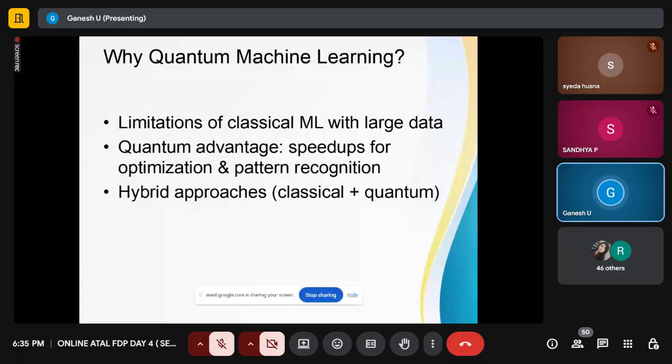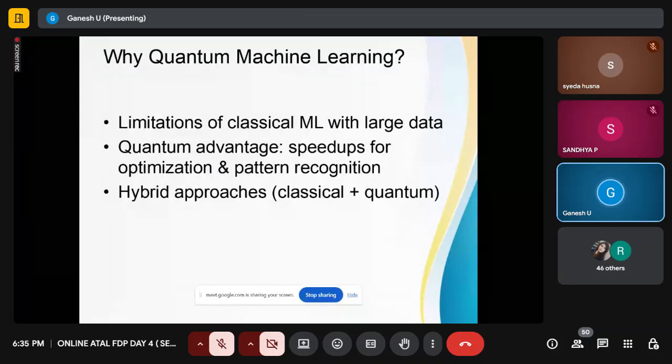These properties are very helpful for us. So this is the speed-up for optimization and pattern recognition, the main advantage of quantum.